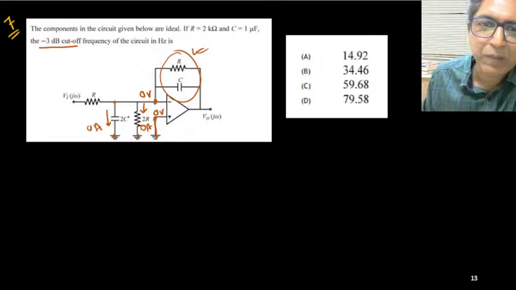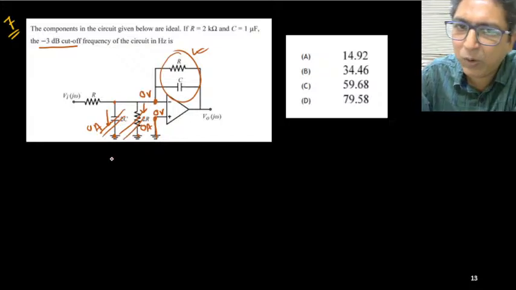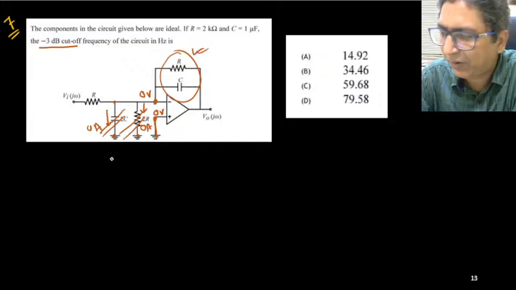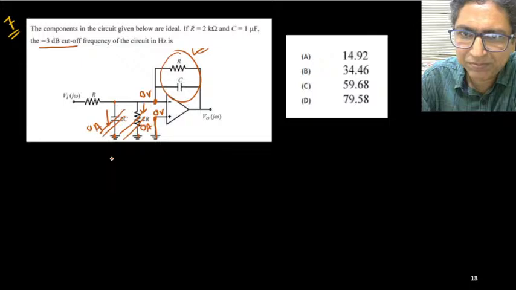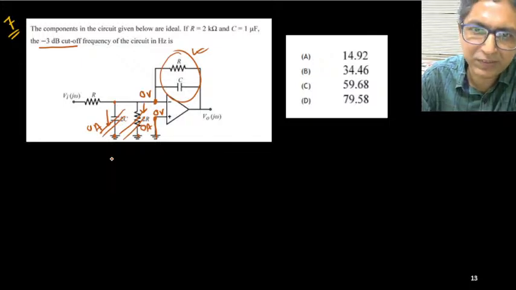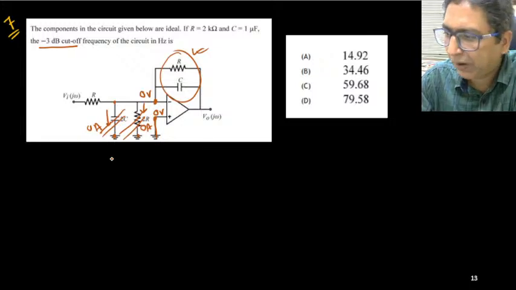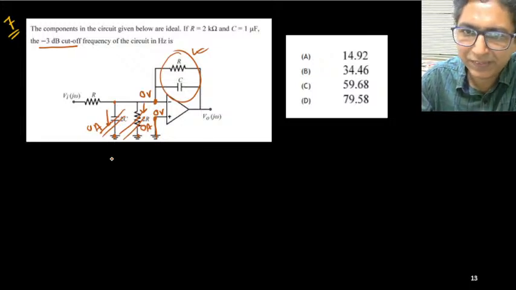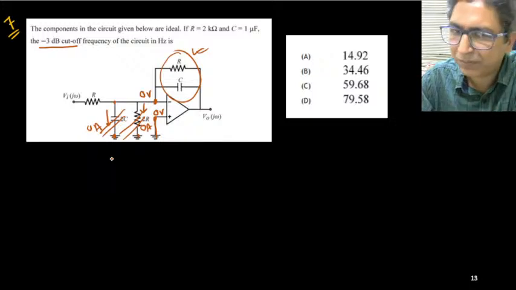So these two elements will not contribute anything. We can remove these two things in our calculation. There is no impact on the output voltage. Though they are connected there, they can't contribute anything, so we can ignore them.